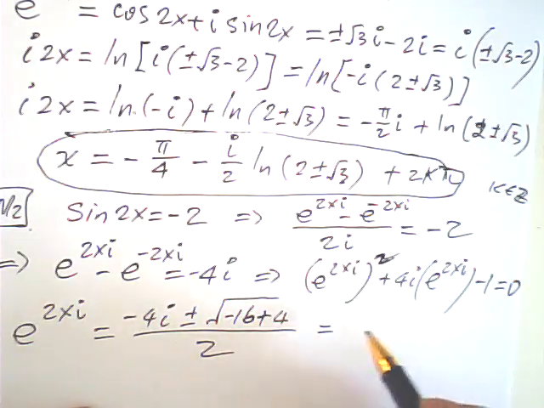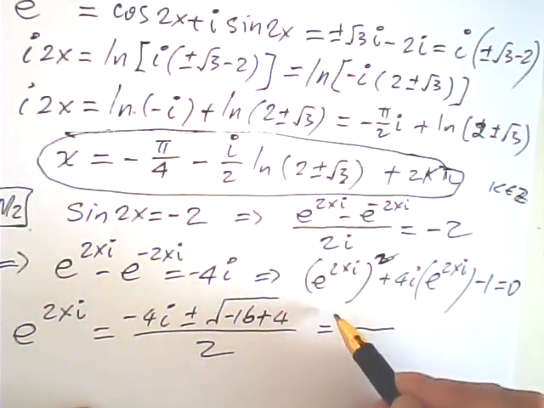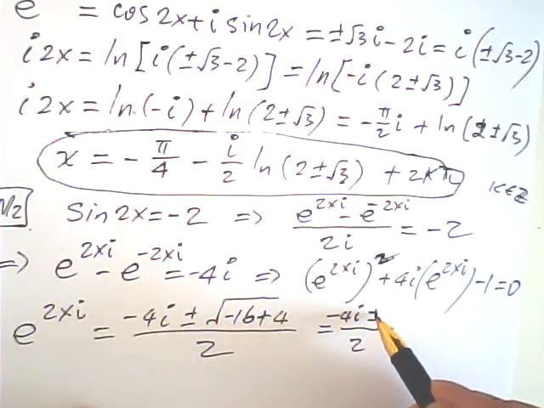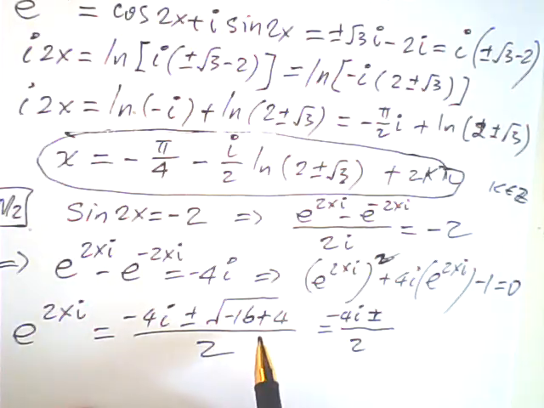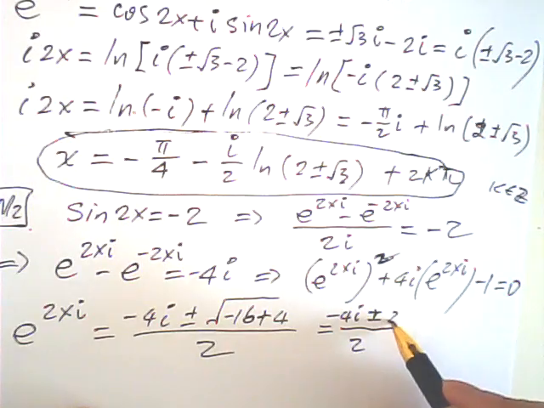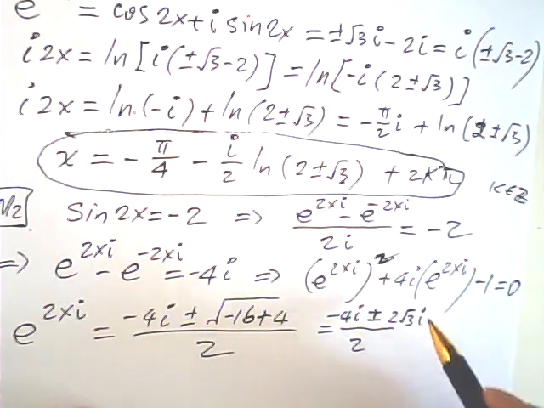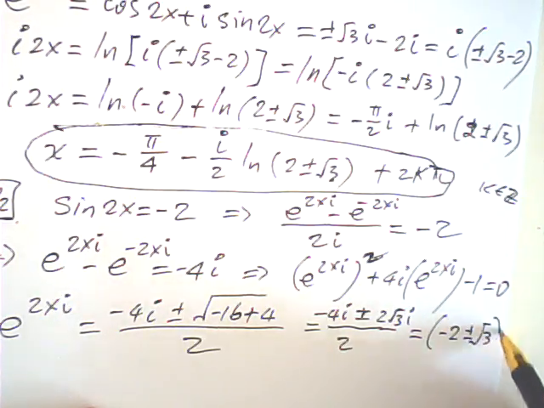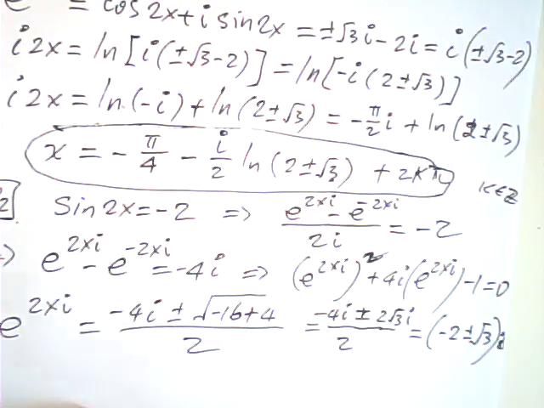So this one is equal to negative 4i plus or minus root 12, where 12 is 2 times root 3, over 2. So it is equal to negative 2i plus or minus root 3 i, that is, minus i times (2 plus or minus root 3).